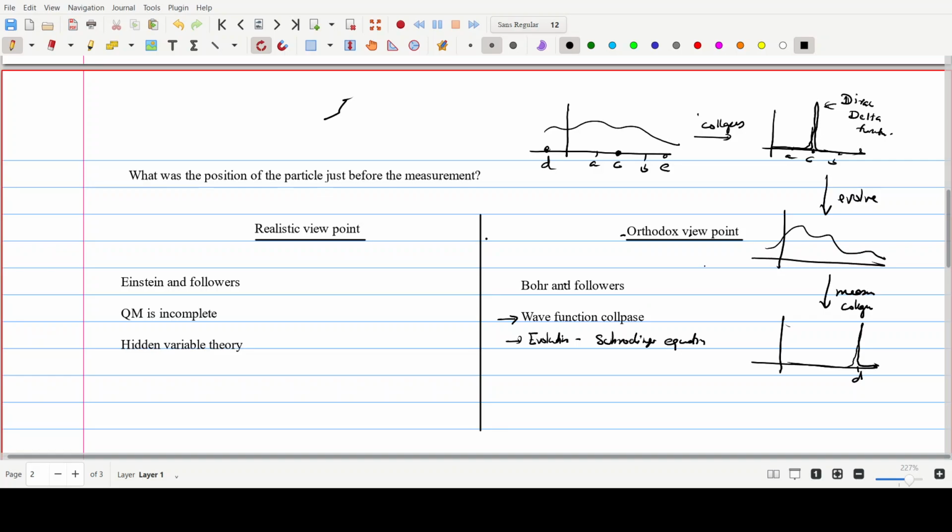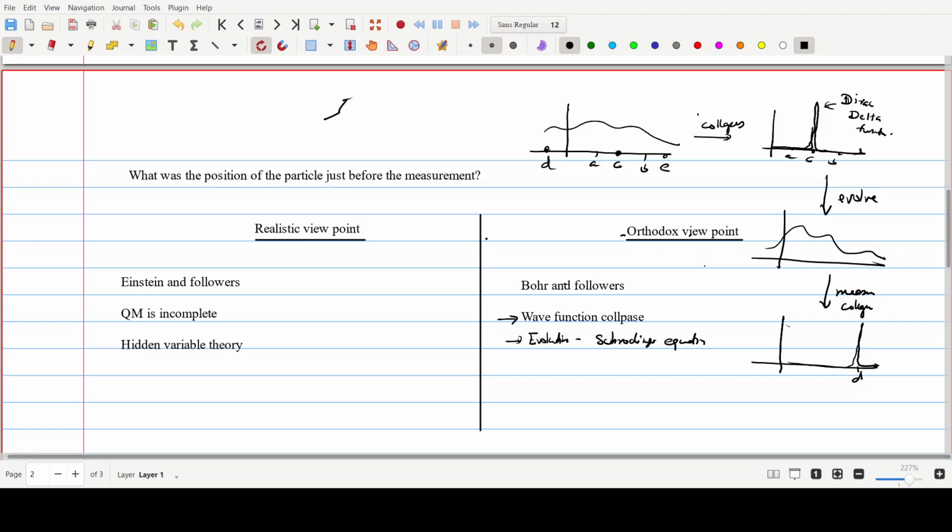Okay, so these are the two different points of view. In the realistic viewpoint, the particle was exactly at the same location just before the measurement. But the orthodox viewpoint says that it can be anywhere before the measurement, and only during the measurement it takes one single position. Actually, there were many dialogues between Einstein and Bohr regarding the interpretation of the results of quantum mechanics, and that introduced many new phenomena.